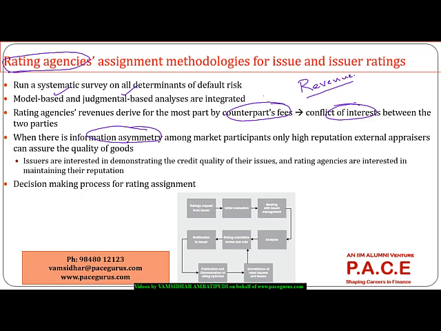They don't have too much of an understanding regarding the credit worthiness of a particular counterparty. Whereas on the other side, the rating agencies are supposed to be highly knowledgeable on this issue. So there is an information asymmetry. Not all market participants have similar knowledge about the various products. So they really rely on the external rating agencies' ratings while they are taking their investment decision.